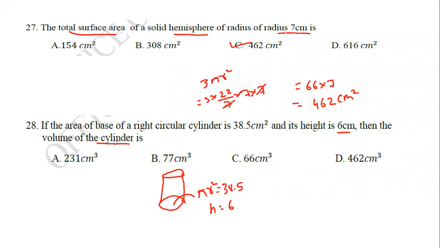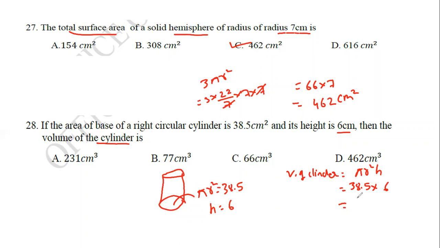What is the question? Volume of the cylinder. Volume of the cylinder formula is pi r square h. In the place of pi r square, directly substitute 38.5 into 6.